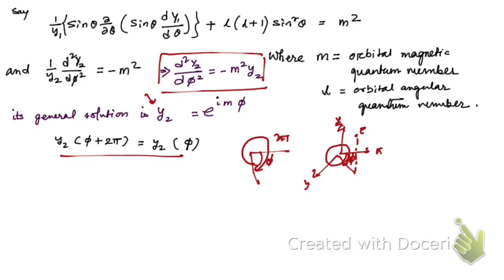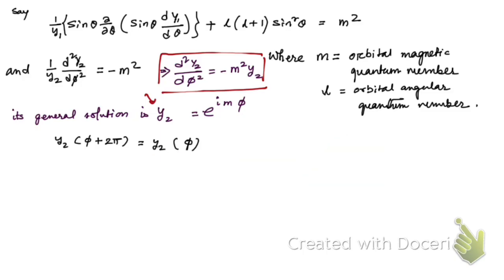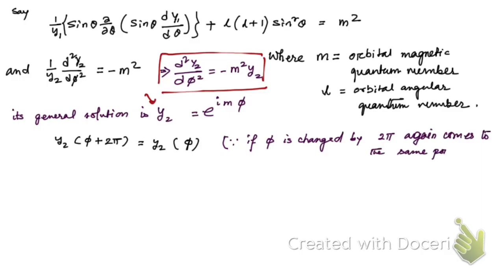So again we know that, if we put this here, then what are we going to get? Let me write the region here. So now from y2 equal to e to the power i m phi, what have we got?